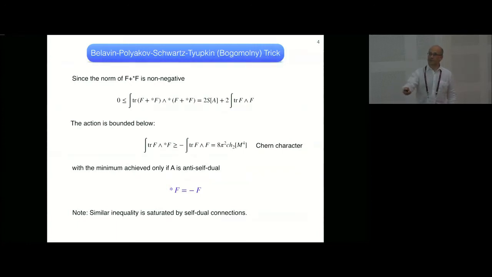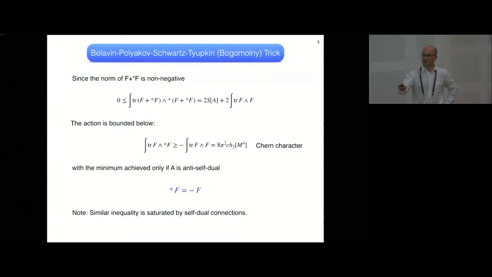So as a result, you get an inequality: your action is bounded below by this purely topological expression, which is the Chern character evaluated on M. Whatever its name is, it is a fixed topological quantity. It doesn't depend so much on the fields in the interior.